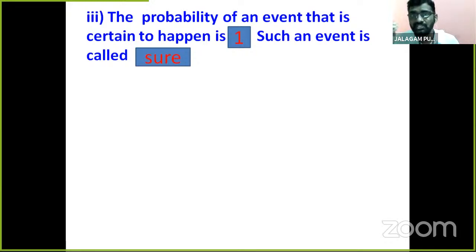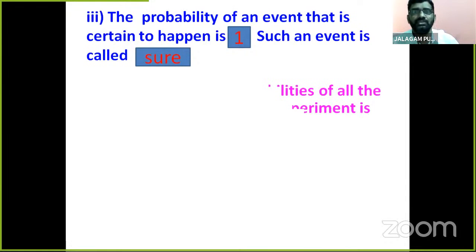If the probability is 0, it is an impossible event. If the probability is 1, it is a certain event or sure event. Write down, children, that when the probability is 1, we call it a sure event.